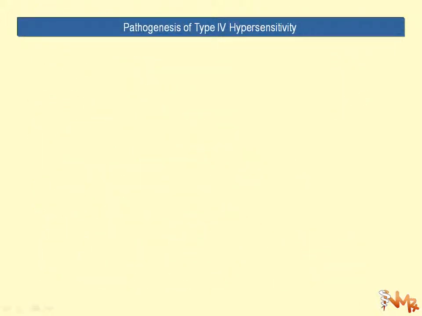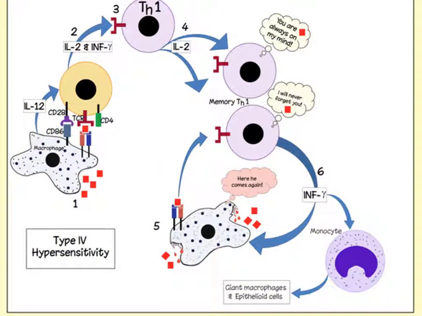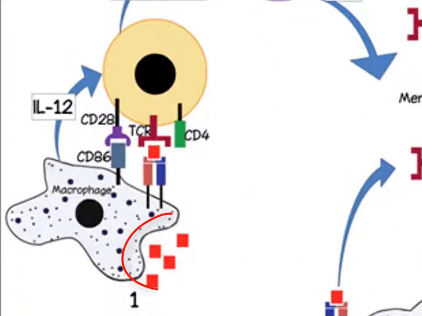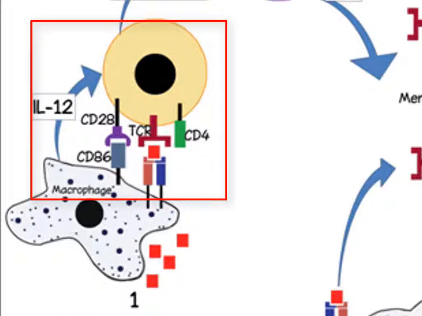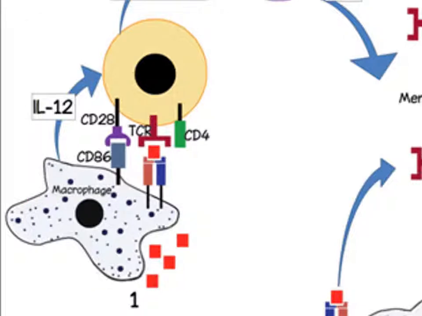Let's summarize and look more closely at the pathogenesis of type 4 hypersensitivity. I'm going to refer to this diagram for you. After initial exposure to the antigen, antigen presenting cells phagocytize the antigen and display its peptides on their MHC2 molecules. After they migrate to the local lymph nodes, they present processed antigen to naive CD4 positive T cells.